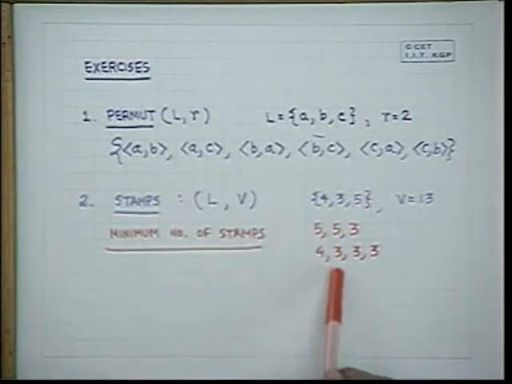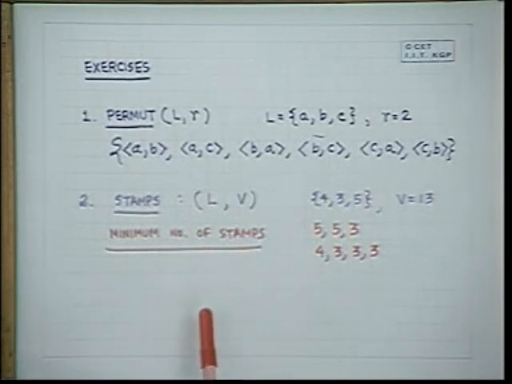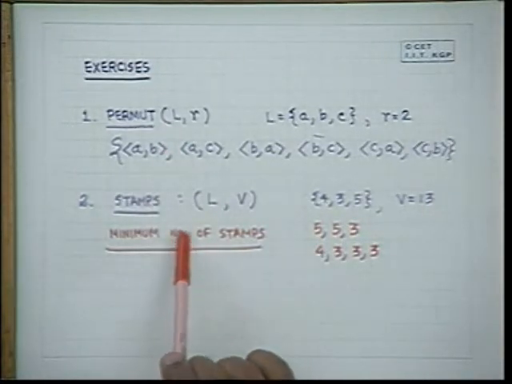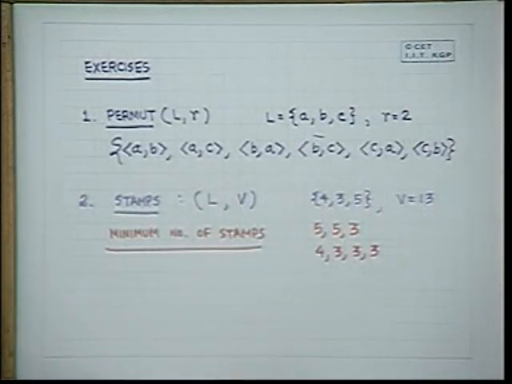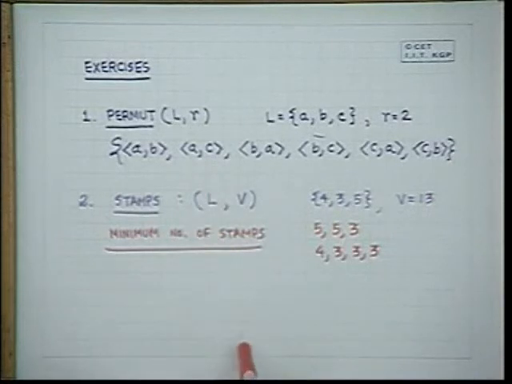For example, in this one, this will be the solution, not this. So we have got two problems as exercises, and we will discuss solutions to these problems later on. So I request you to try and solve these problems for the next.